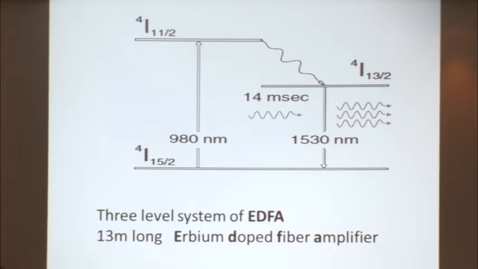Now, I show you the data of a paper where this was also used to produce slow light. They switched off the pump laser and sent through the erbium-doped fiber amplifier the signal at a wavelength of 1.5 micrometers.